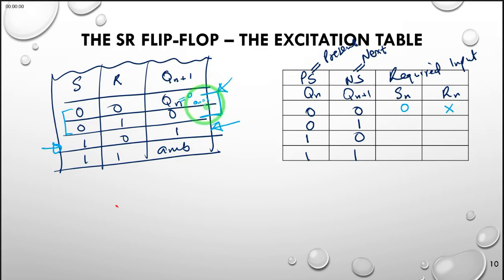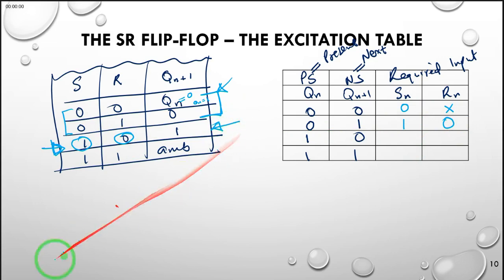If it was 1, then it remains at 1. It has not made that transition from 0 to 1. So the only input that gives us a transition from 0 to 1 is when we have S set as 1 and R as 0.